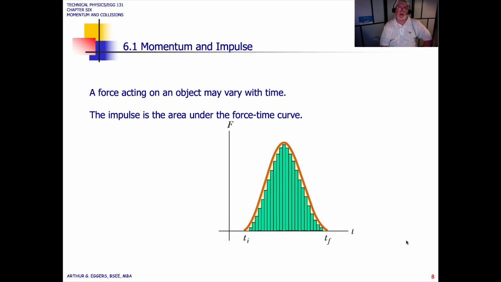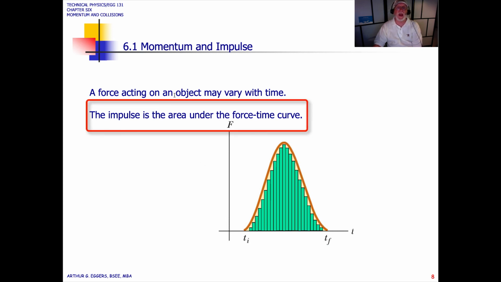So if we look at this graphically, where we've got a curve that we can use to model what's happening here, you can see that over time, initial to final, we've got a force that follows this bell curve to some maximum amount, and then the force starts to decrease back to some minimum.